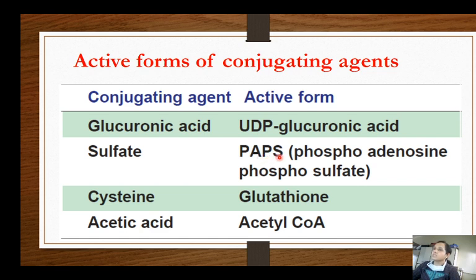Sulfate's active form is phosphoadenosine phosphosulfate, PAPS. Cysteine, its active form is glutathione. Acetic acid, its active form is acetyl-CoA.